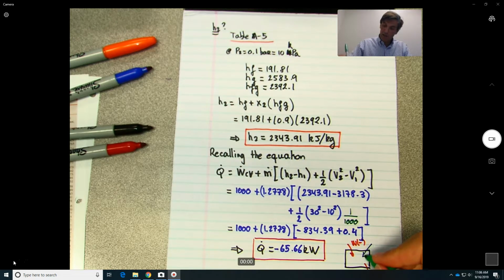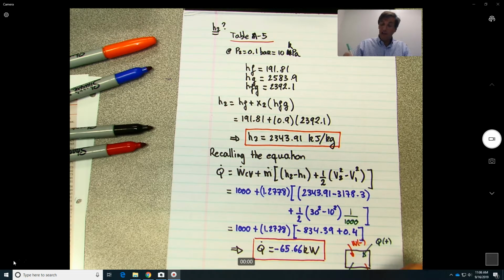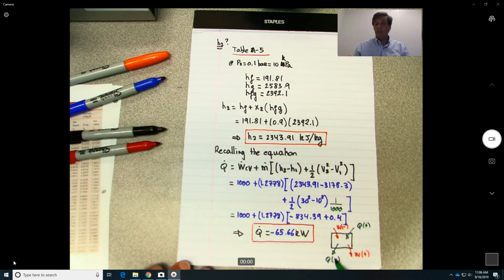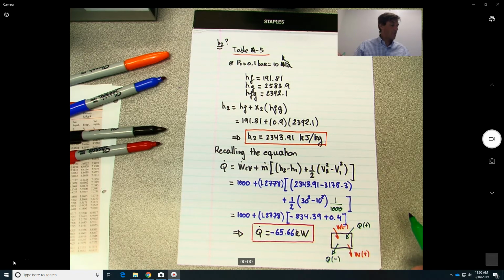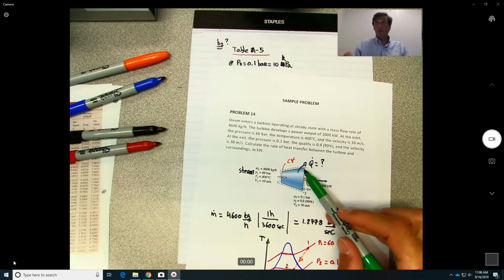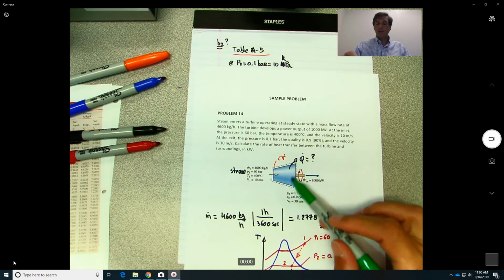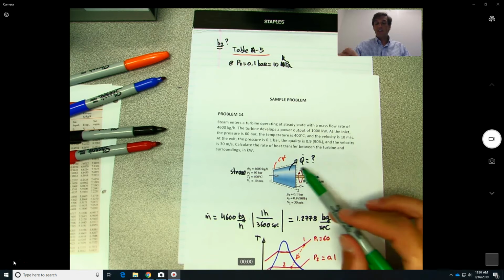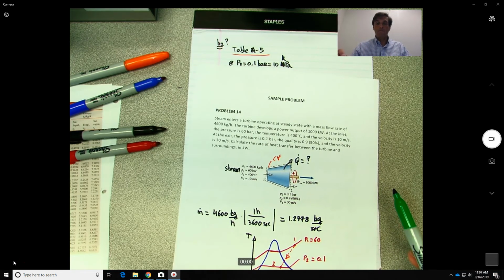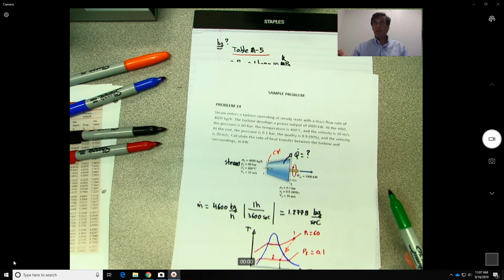The heat going into the system is positive, and whatever is coming out is negative. So the negative sign over here means that it's coming out. So that's the heat generated by the control volume, giving it to the surroundings. So it is as plotted over here. As expected, the turbine is giving 65.66 kilowatts of heat into the surroundings. So that will be it for this problem.